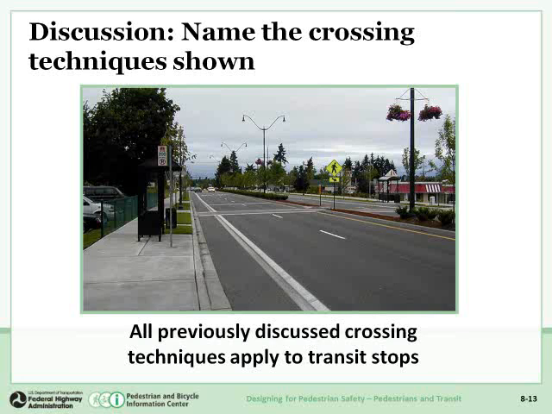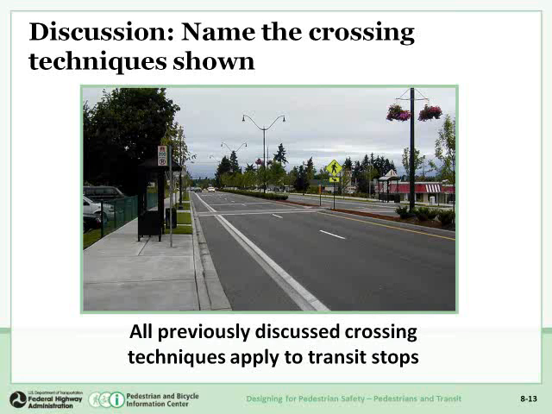The point to take from this is that street crossings are a critical component of transit trips, because users will have to cross the road in at least one direction if they're taking the bus in two different directions, like going to work and coming back from work. The crossing techniques that we've discussed in other modules will apply to transit stops too.